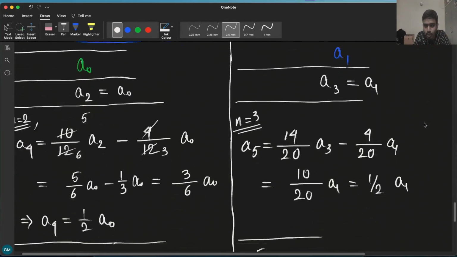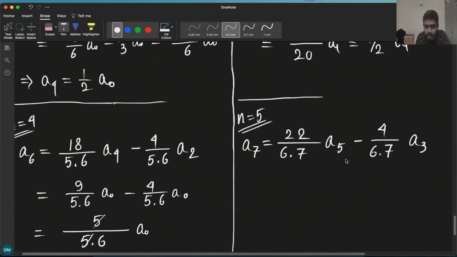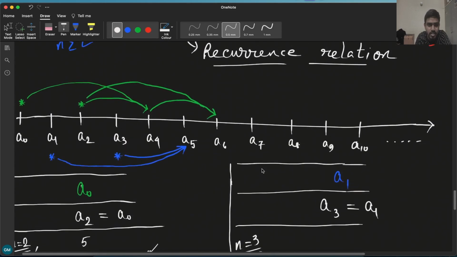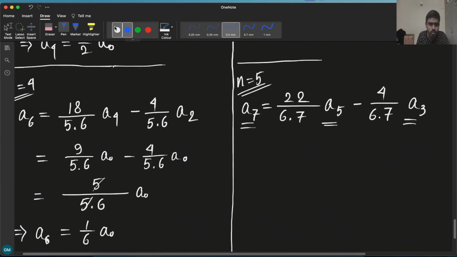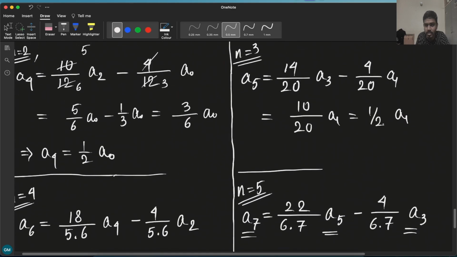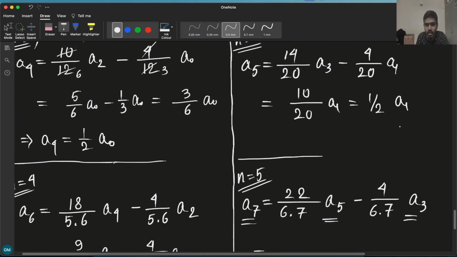Good. So this relation tells us that if you give me a5 and a3, then I can tell you a7, right? So let's calculate a7. Okay, a5 is half a1.